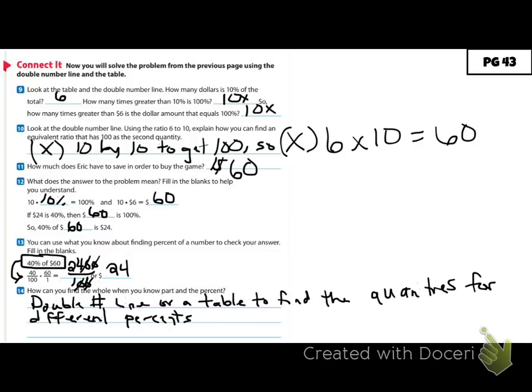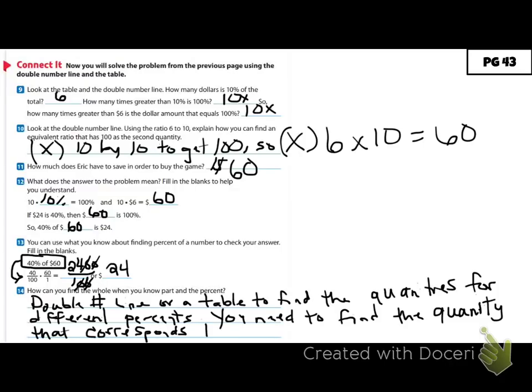And then you need to find the quantity that corresponds to 100%.